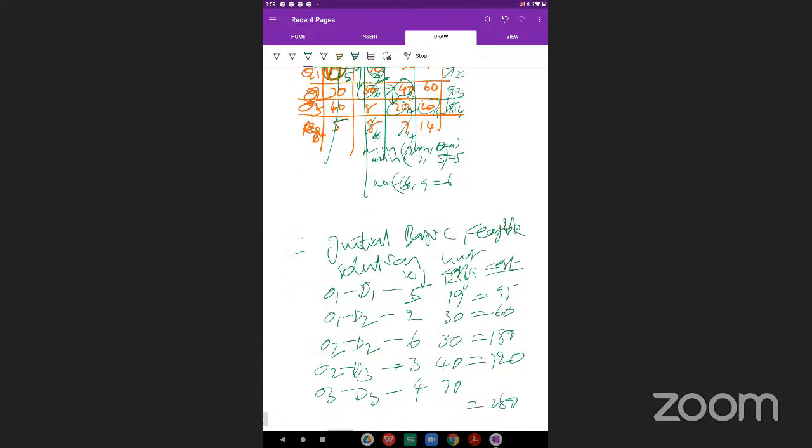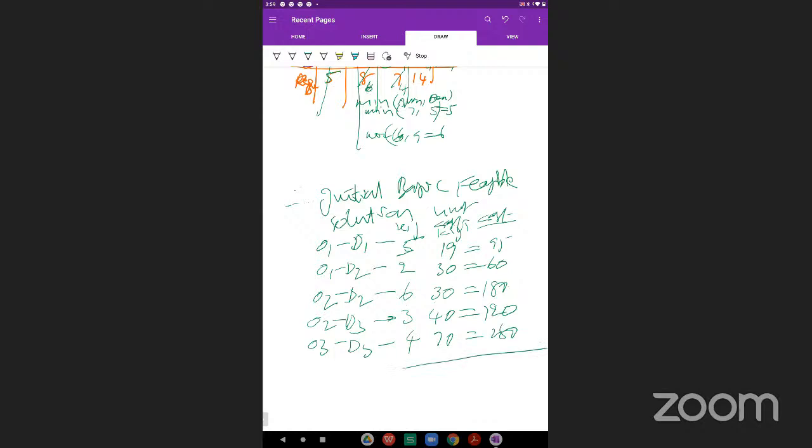Therefore, total cost is minimum. Our optimal cost is clearly here. We can take 8 plus 8, 10 and 18 means it's 24. 24 plus 9, 33. Yeah, 3, 6, 7. So 735 is the optimal cost.